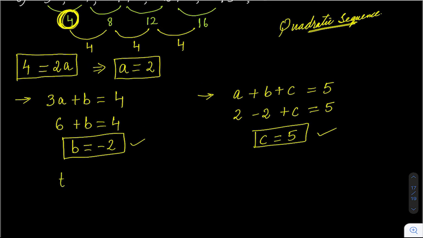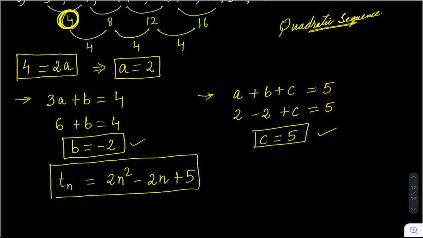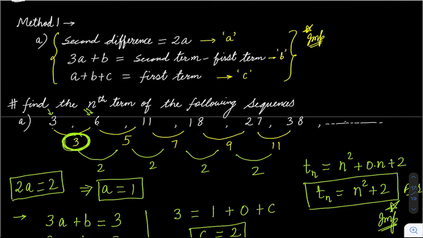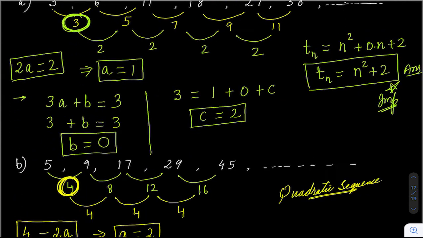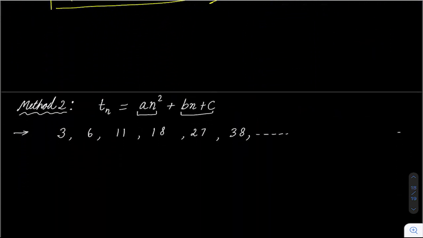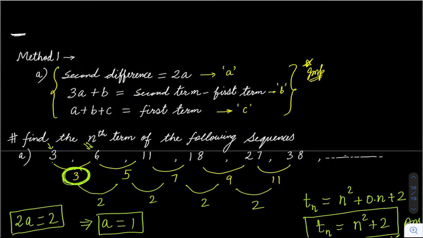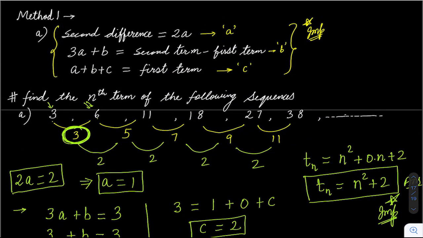Now my nth term will become an square plus bn plus c. So this is my answer. I hope everyone understands. Just remember this, and once you practice 2-3 questions, you will become very fast, very quick in this. That's why I personally prefer this one, because it's very fast.